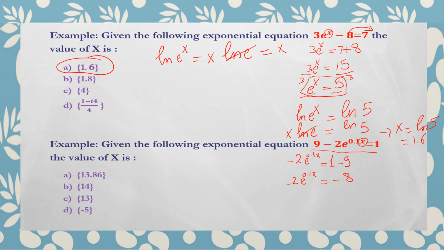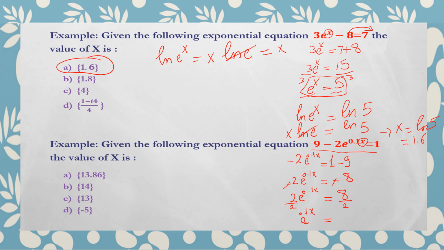By dividing both sides over minus, minus goes with minus, 2e power 0.1x equals 8. We can divide over 2, so e power 0.1x equals 4.